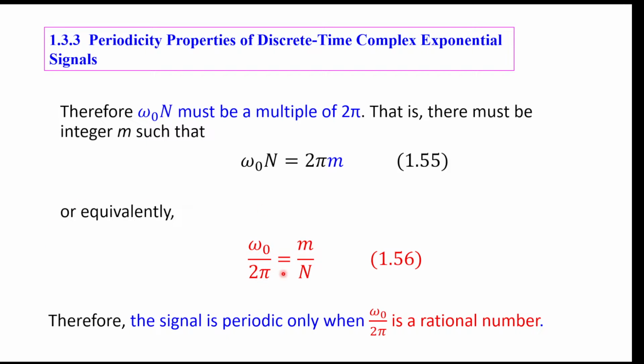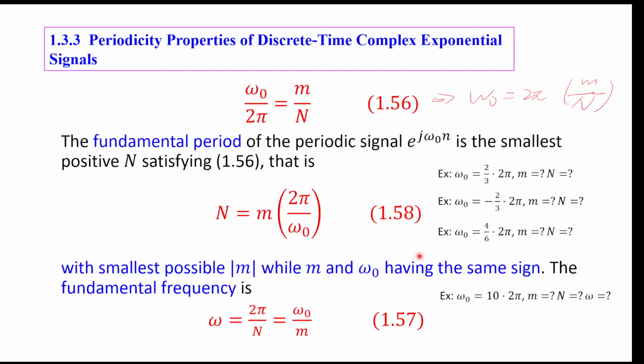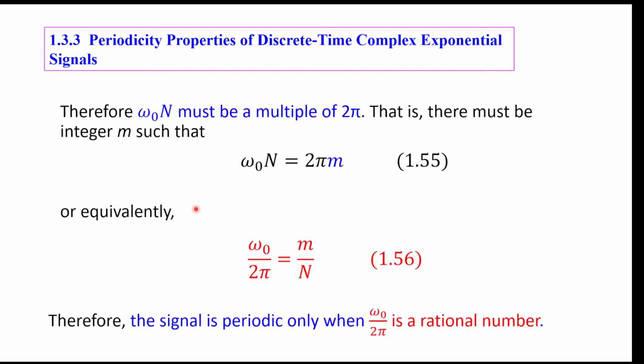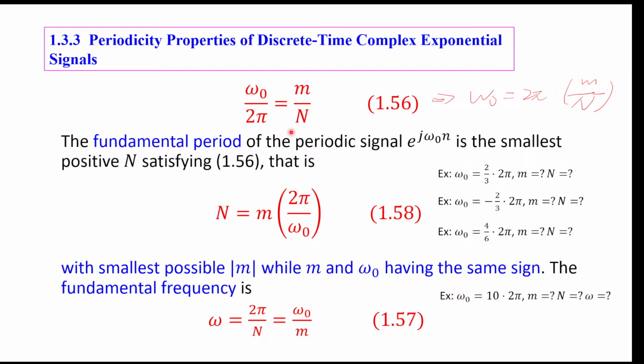Then you see that omega naught divided by 2 pi needs to be m divided by N. m is an integer and N is an integer, so the condition for the signal to be periodic is that omega naught divided by 2 pi should be a rational number, because it's an integer divided by an integer. So that's very different from the continuous time case.